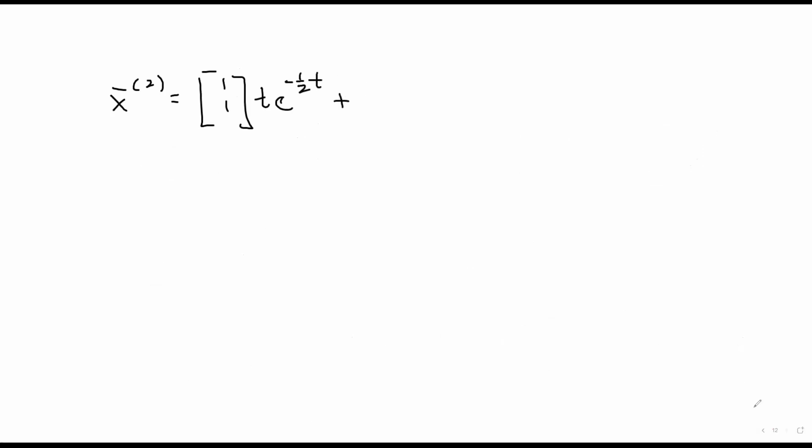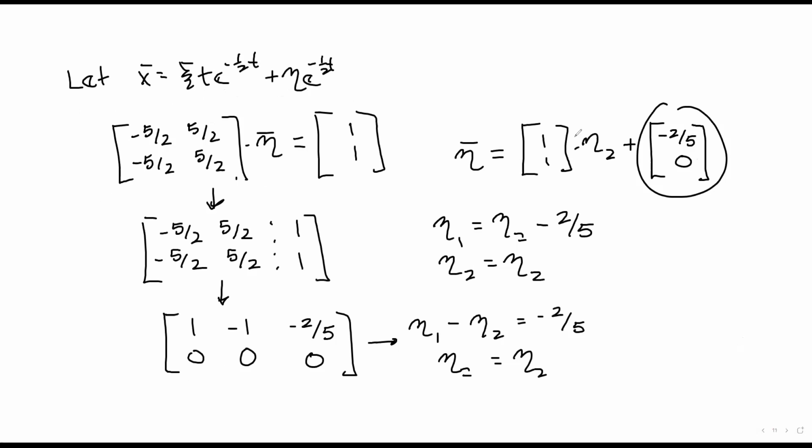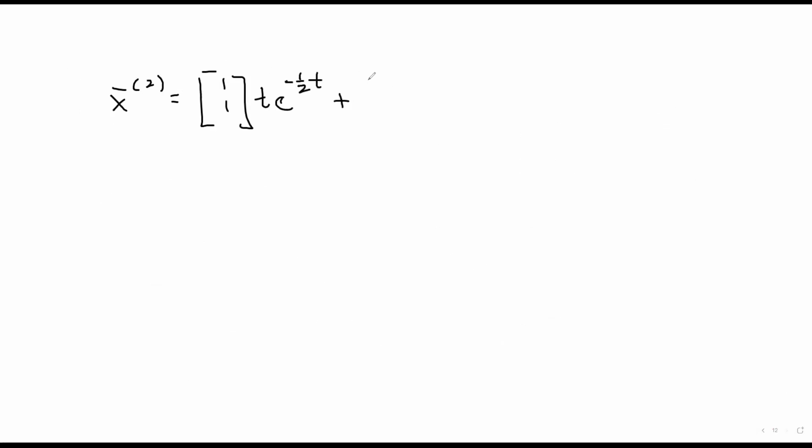And then plus this thing, right? This is the one that ends up canceling from earlier. And so we want this guy. So that's going to be negative 2/5, 0 times e to the negative 1/2 t. Okay, and so that's kind of the speedy way to go through and get the two solutions.